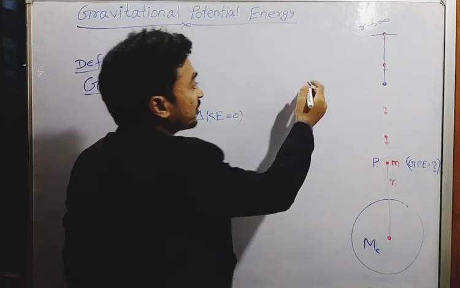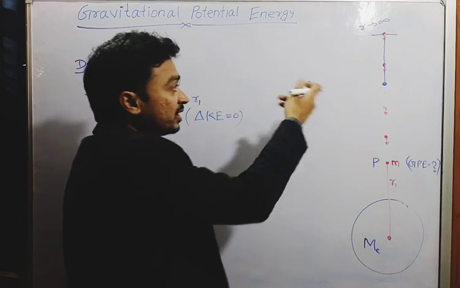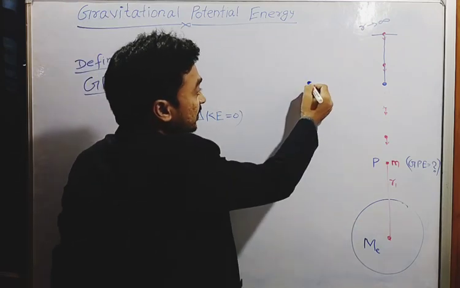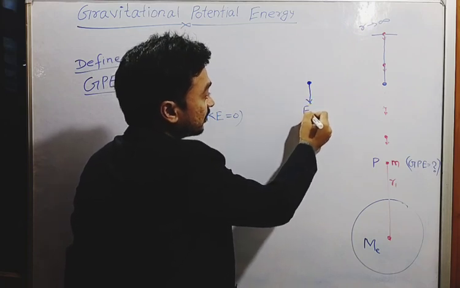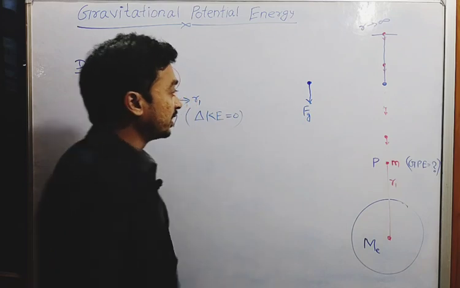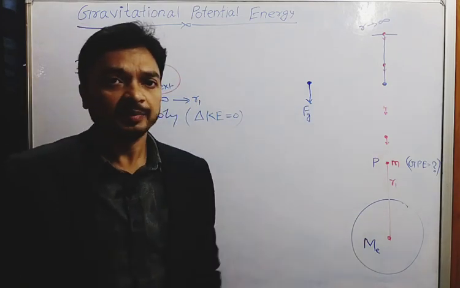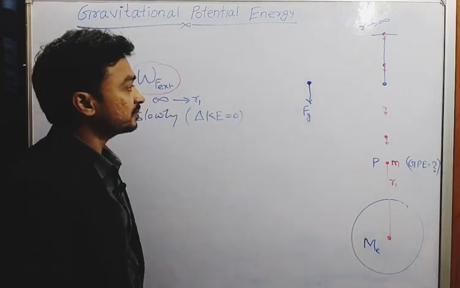Now visualize by drawing a free body diagram how many forces are acting on it. One force is the gravitational force acting downward, and you know the magnitude: G, mass of earth, mass of object, divided by r square. What will be the distance between them?